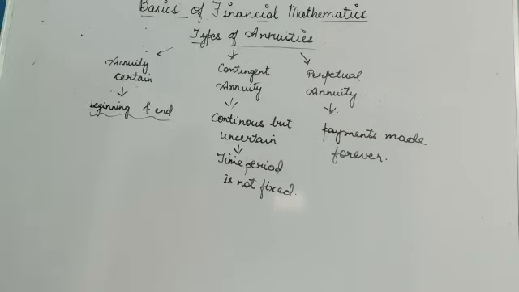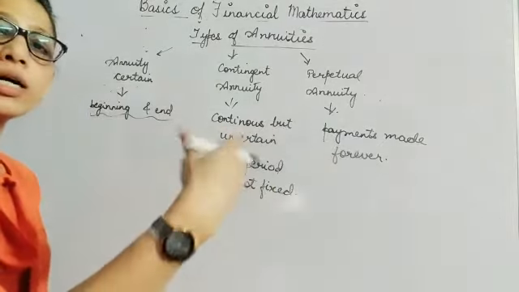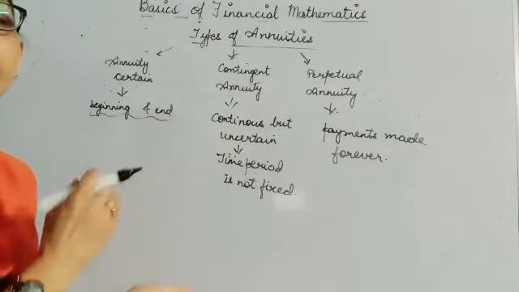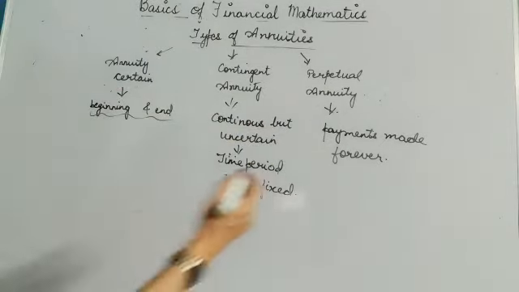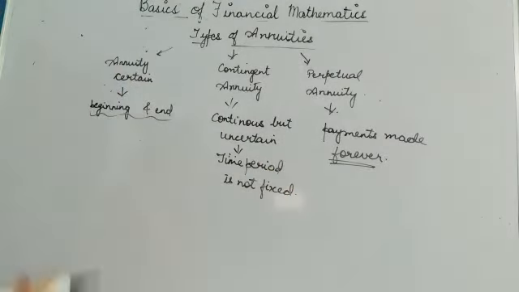For example, in college endowment funds, the interest earned is used for scholarships and these scholarships are given every year. So it is not ending at any point of time. So we are saying the payments are made forever. That means the scholarships are given every year and it is not ending anywhere.